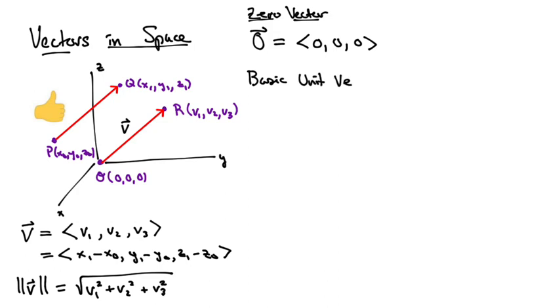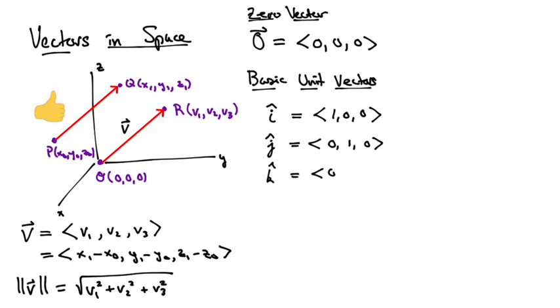And we didn't talk about this in 2 dimensions, but there are what are called the basic unit vectors. And you may remember the notation for these. These are called i hat. i hat is the vector whose first component is 1, the second and third are 0. And then there's j hat and k hat, where we just move the 1 to a different spot. So all 3 of these are unit vectors.